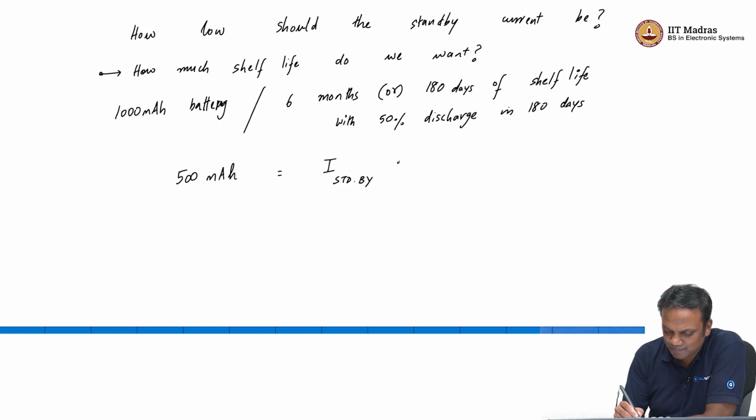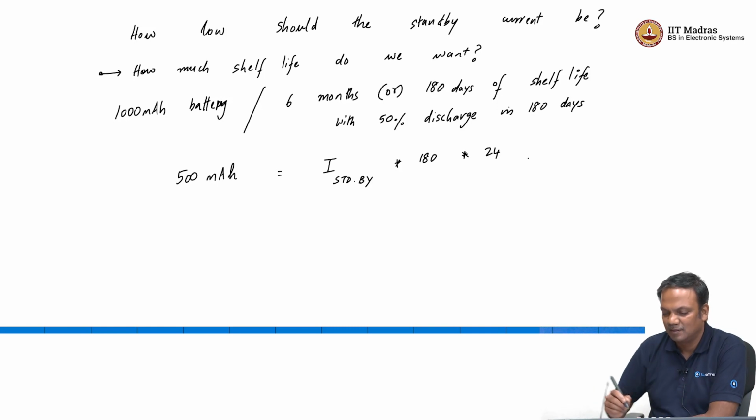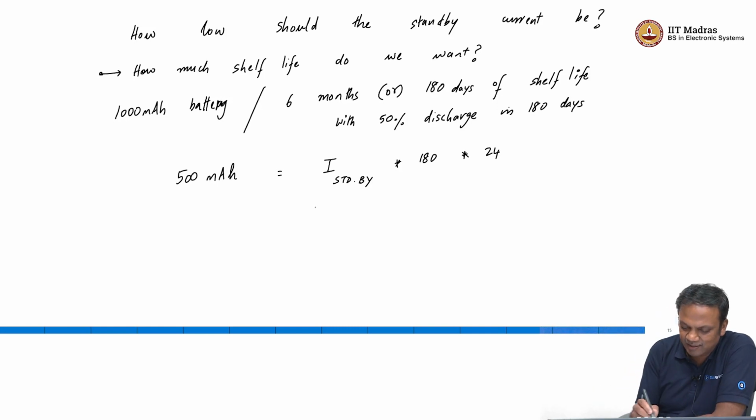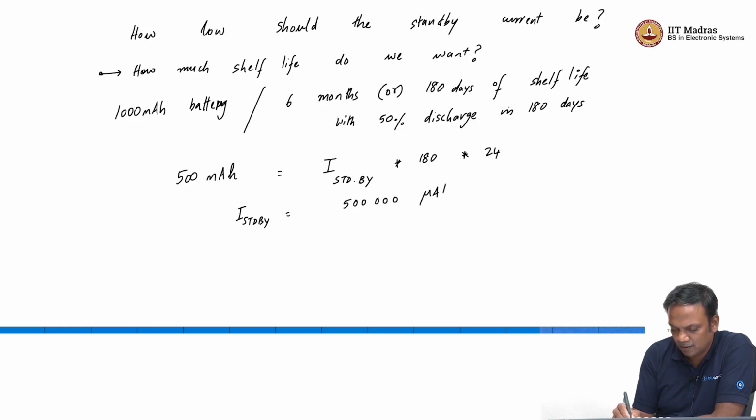So, into 180 into 24, right. That is the amount of standby current. We will try to calculate it in microamps. So, I standby is 500,000 microamp hour divided by 180 into 24 hours.